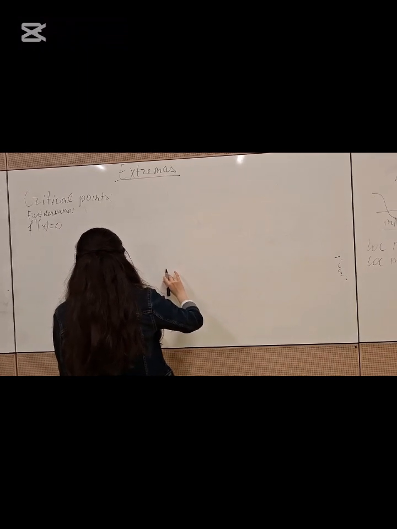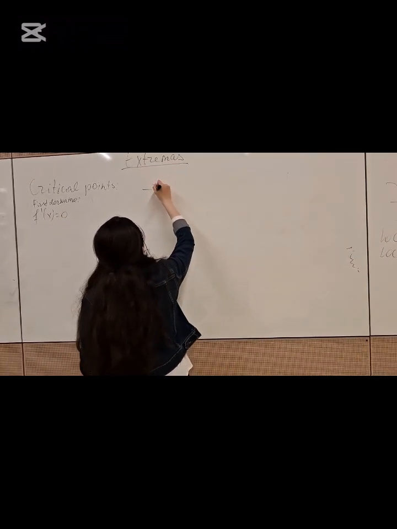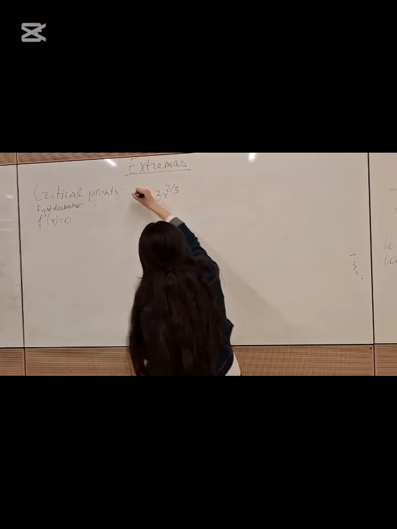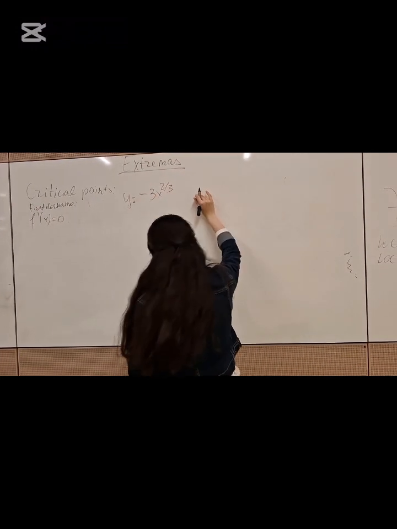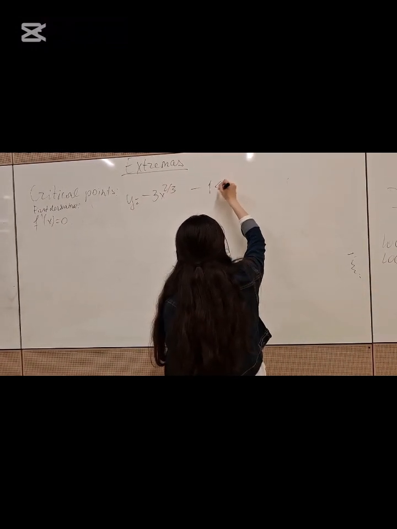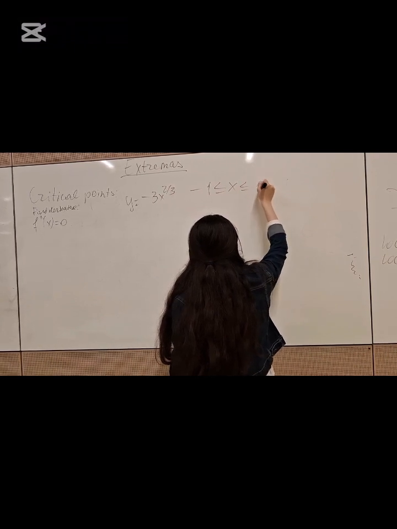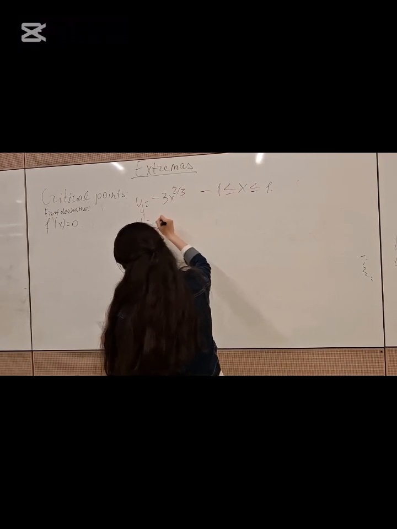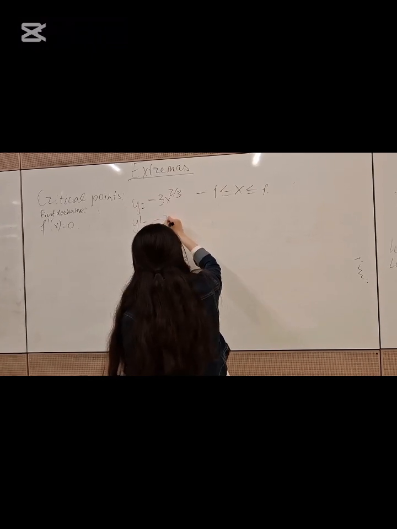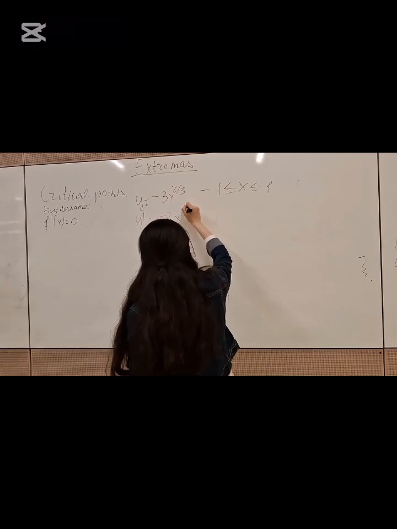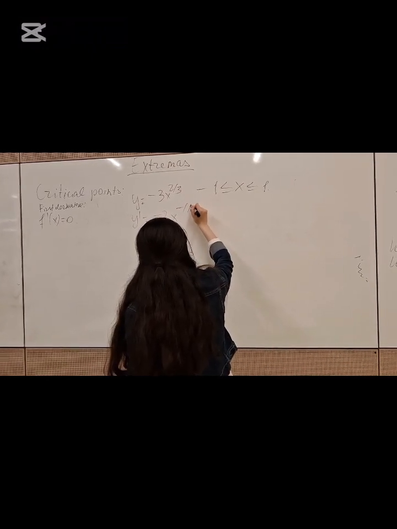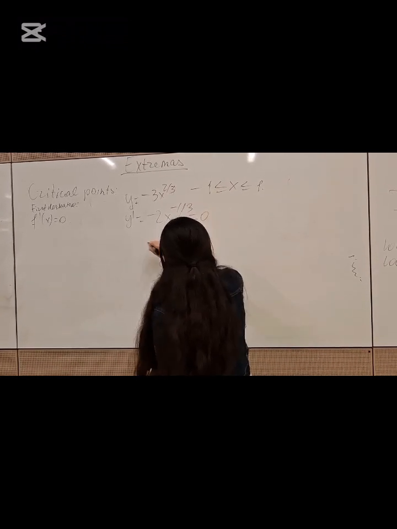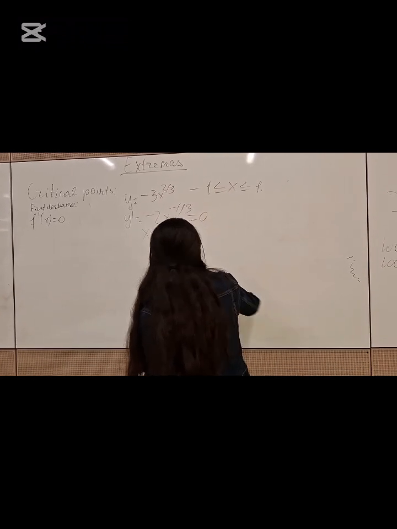Let's write something like this, and it's from -1 to 1. First of all, we find the derivative. The derivative is equal to -2x, and if it should be 0, x is 0.